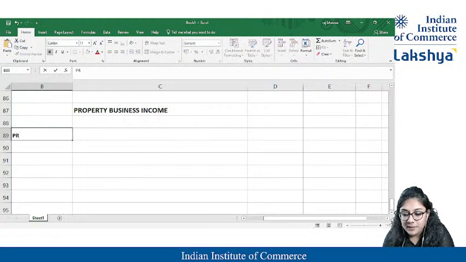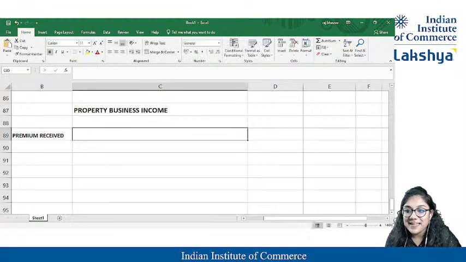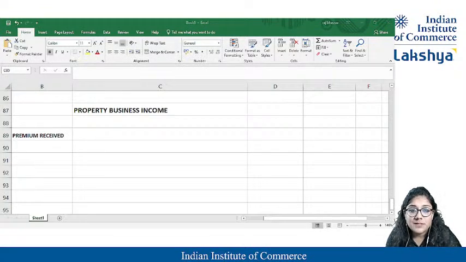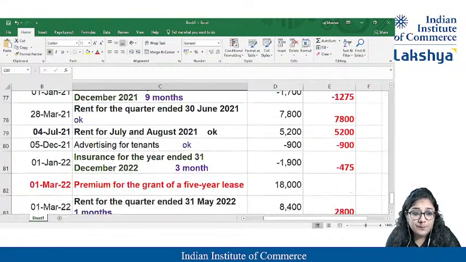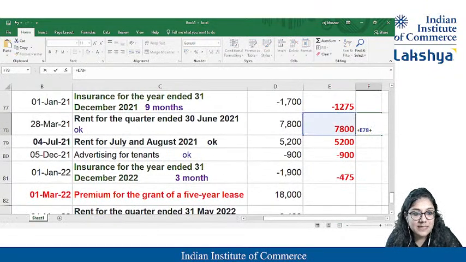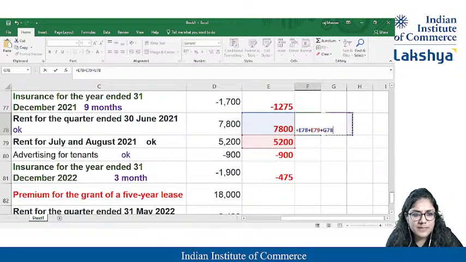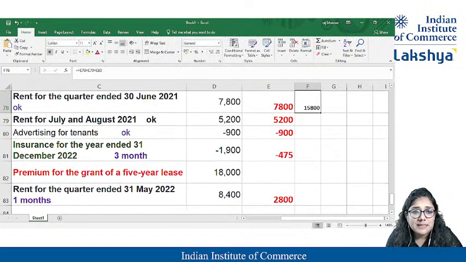Students, how much premium did we receive? Yes, it is 18,000, isn't it? So how did I get 18,000? I'm just making all these things easier for us. If you check, this is my total rent. Is it 15,800?